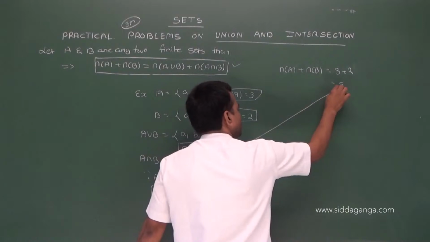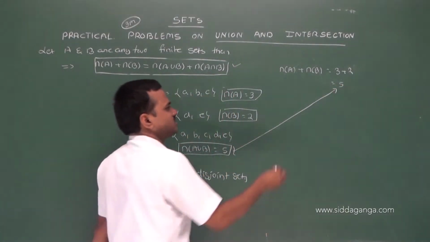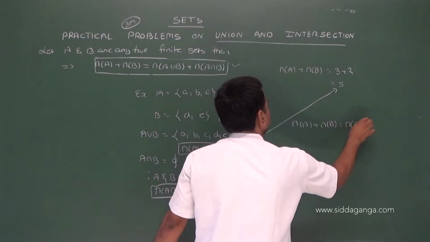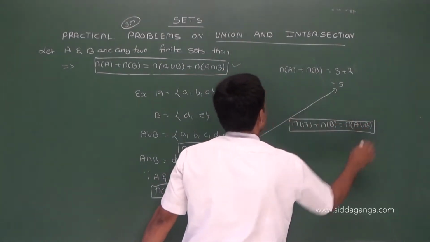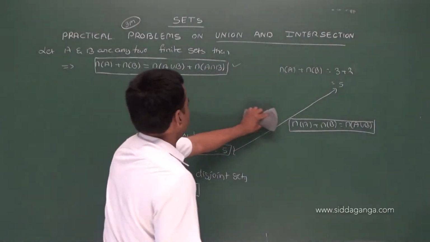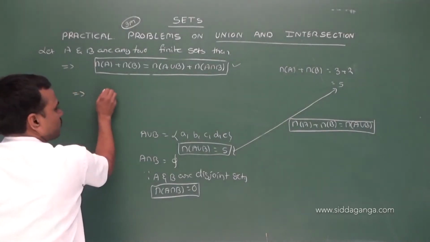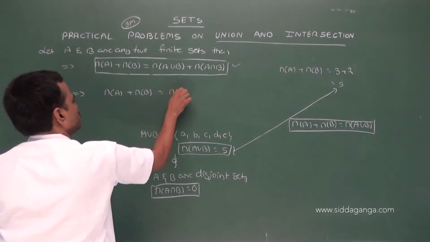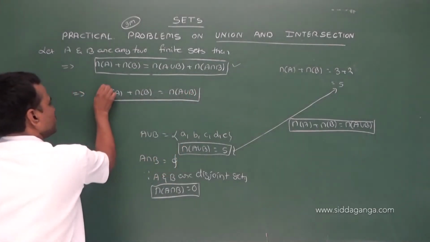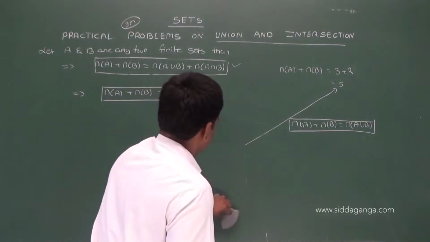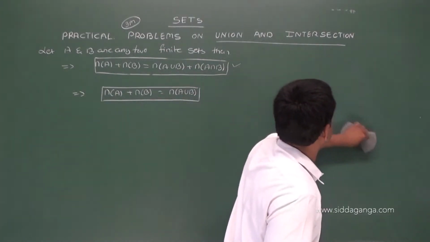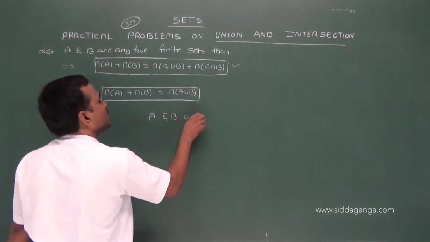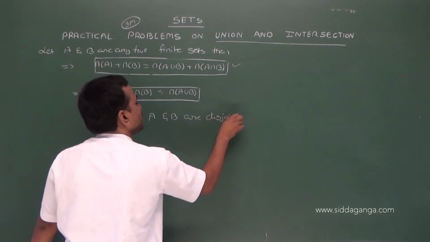Comparing these two results, n of A plus n of B is equal to n of A union B. One more formula: n of A plus n of B is always equal to n of A union B. This holds true only when A and B are disjoint sets. This is very important.